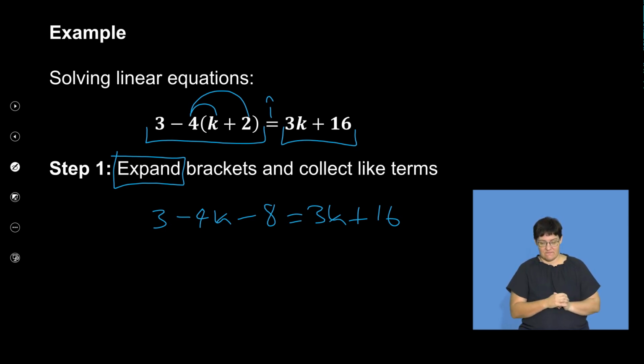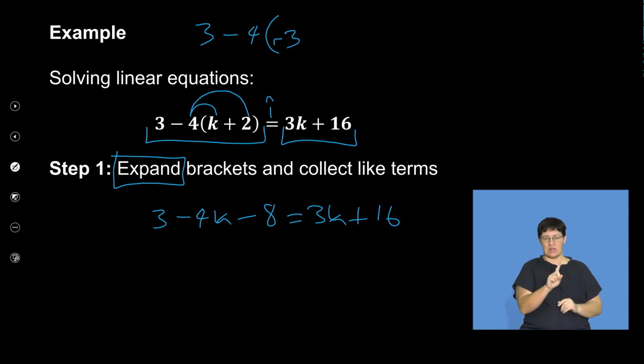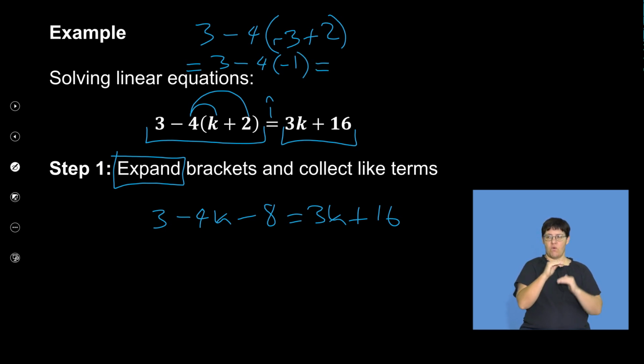So if I do that, it will be 3 minus 4 in brackets. Remember, the value of k we said was minus 3 plus 2. And this will give me 3 minus 4 into minus 1, right? Which will at the end be 3 plus 4, which is equals to 7.